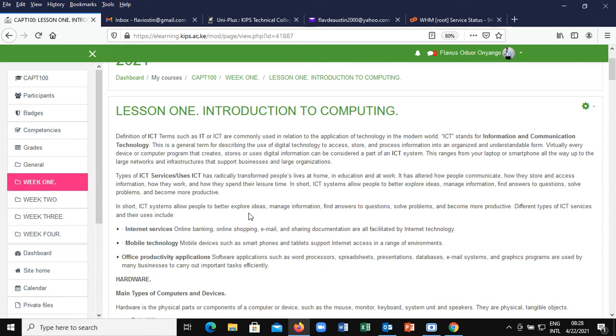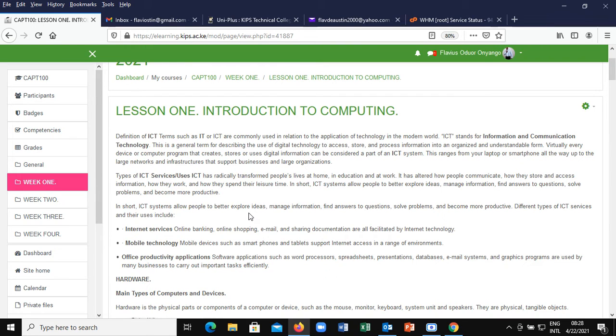This ranges from laptops and smartphones all the way to the large networks and infrastructure that support various businesses and large organizations. ICT is used to radically transform people's lives at home, in educational areas, and even at work.